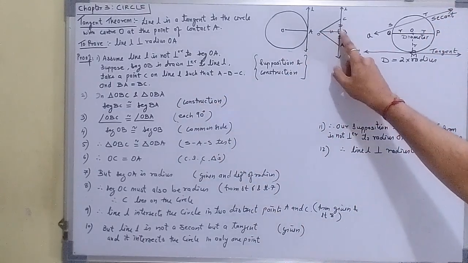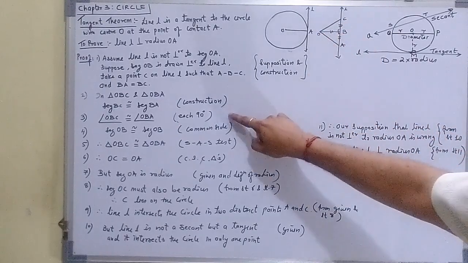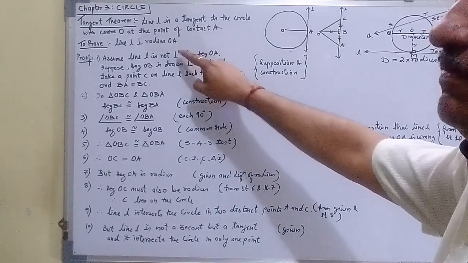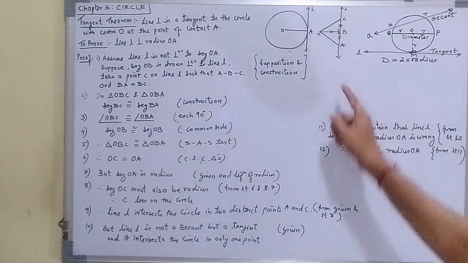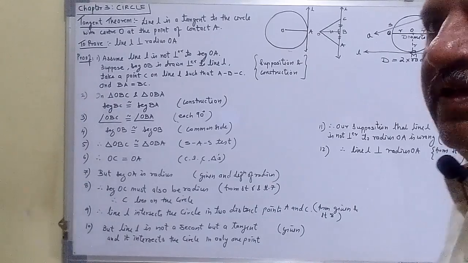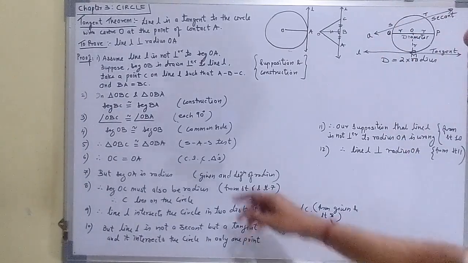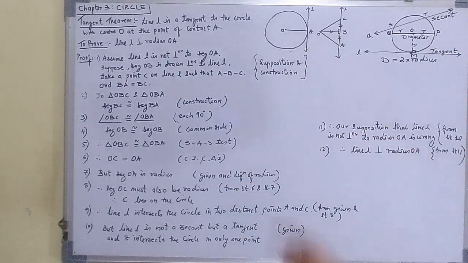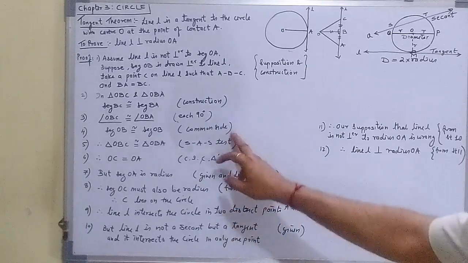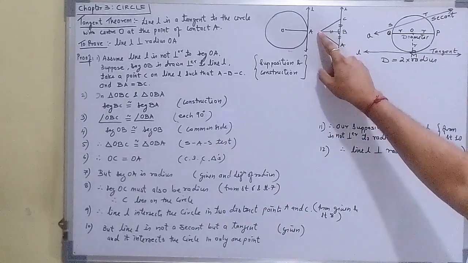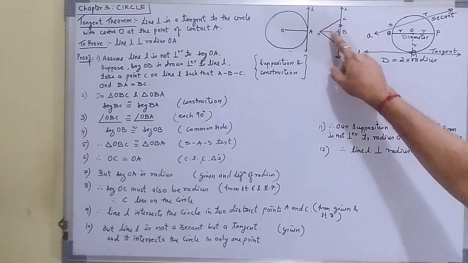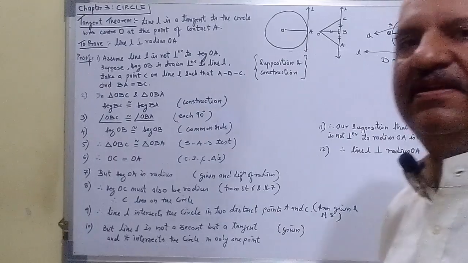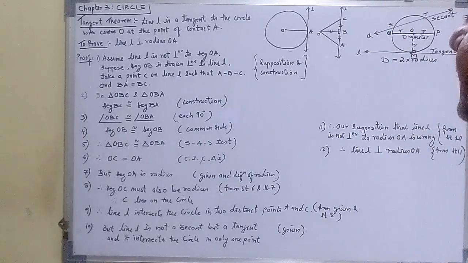Angle OBC congruent to angle OBA, each 90 degrees, because this OB is perpendicular to AC. Seg OB congruent to seg OB, common side. Therefore, this triangle OBC congruent triangle OBA by SAS test, side angle side test.